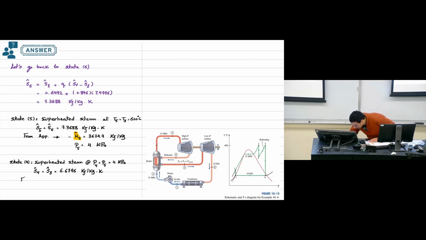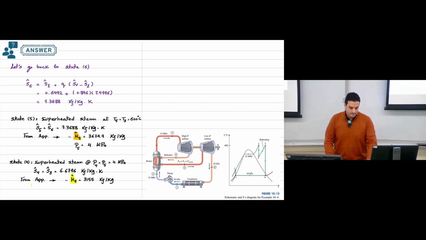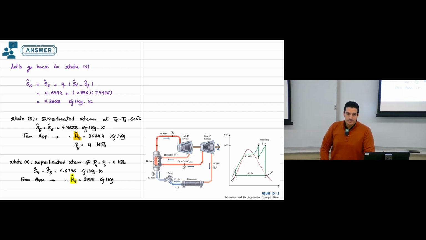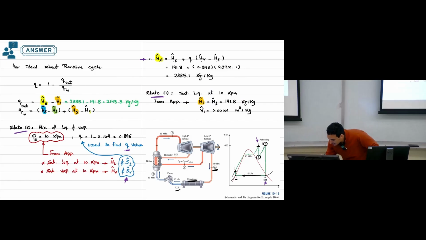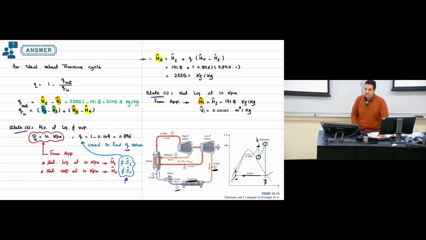Then I can go to the appendix or the Excel file I have, and I can say the enthalpy at point number 4 will be 3155 kilojoule per kilogram. And again, this is a new value of enthalpy that I calculate. Okay. And again, if we get back to the equation, this is the last enthalpy that I need to find.